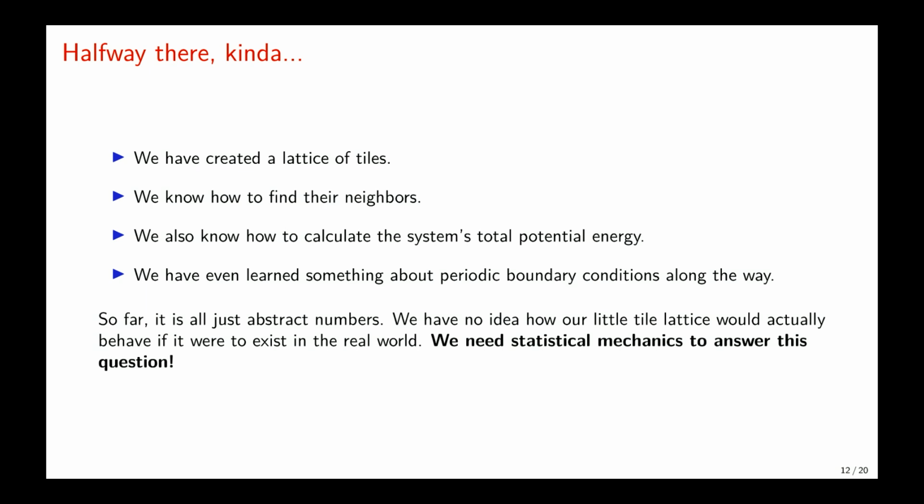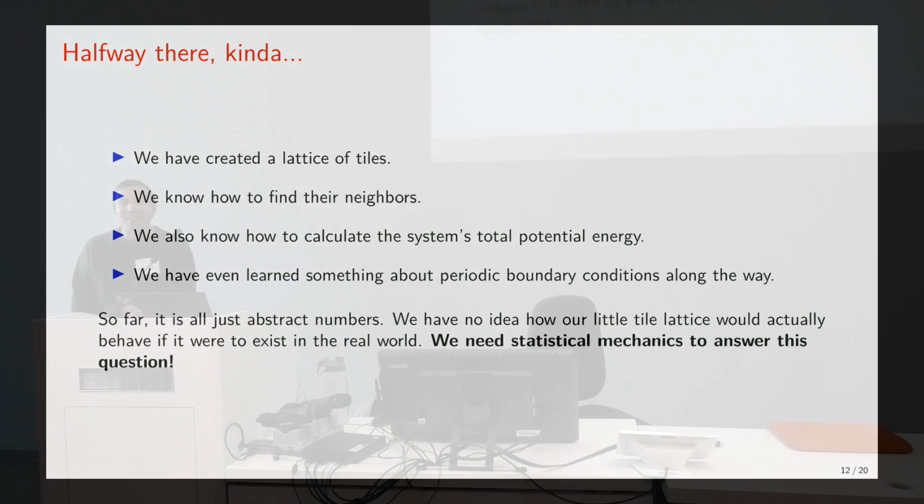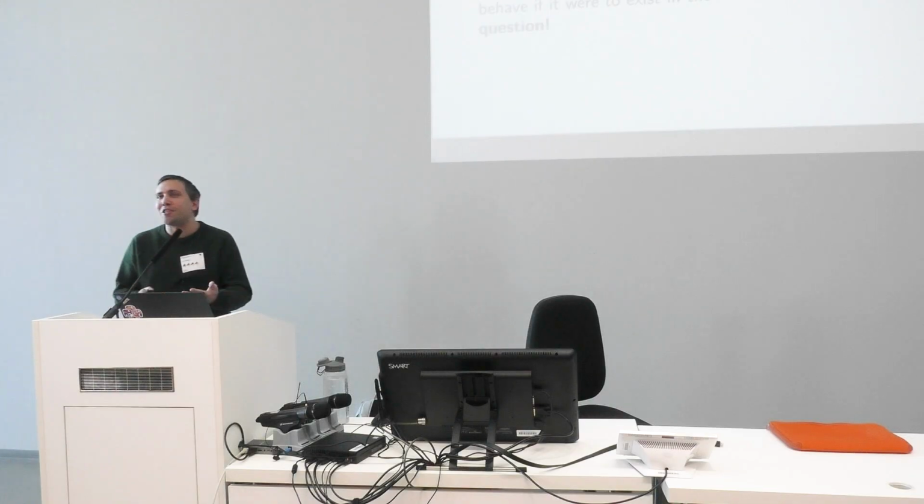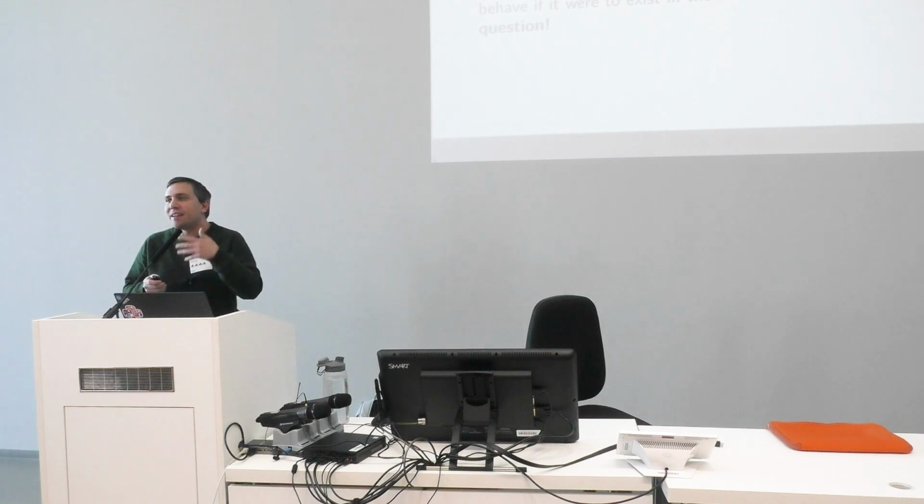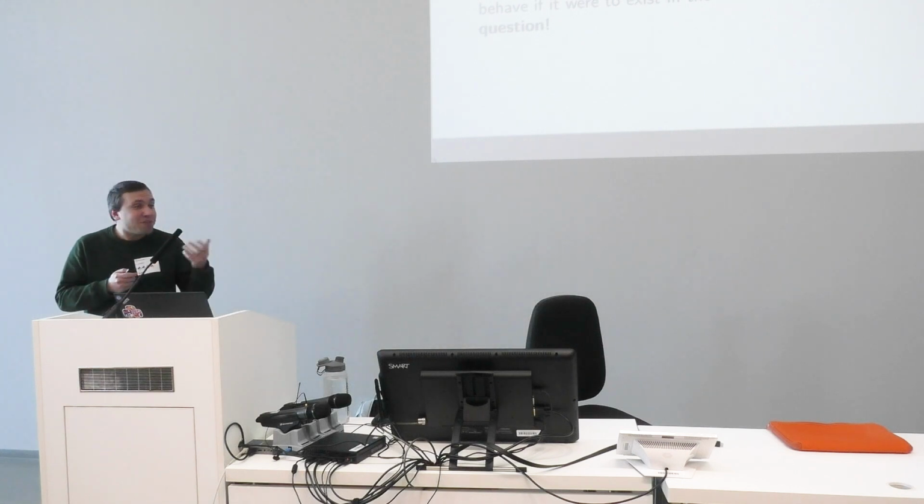And as a bonus, we even do this using periodic boundary conditions, so we have learned something about that along the way as well. That's all pretty nice, but so far there's still not that much physics in there, is there? It's all just numbers and some mathematical concepts, but so far we have no idea how this would behave if it actually existed in the real world, where we have temperature and all these nasty effects. To do this, we need one final concept, and this is the study of statistical mechanics.